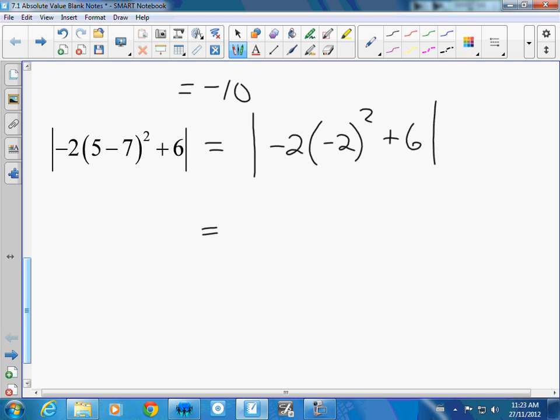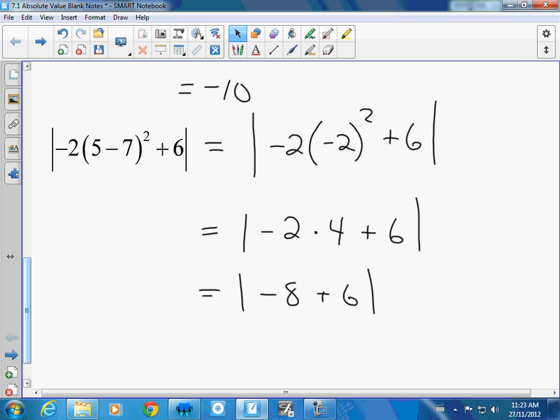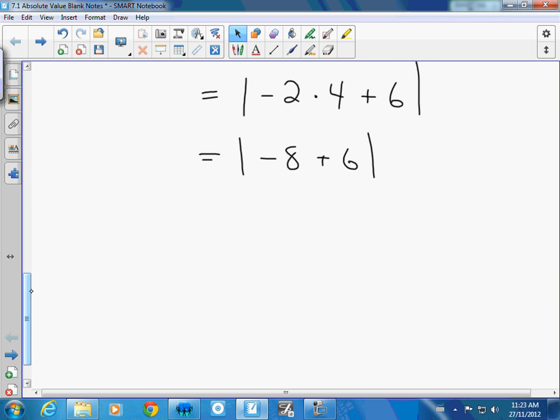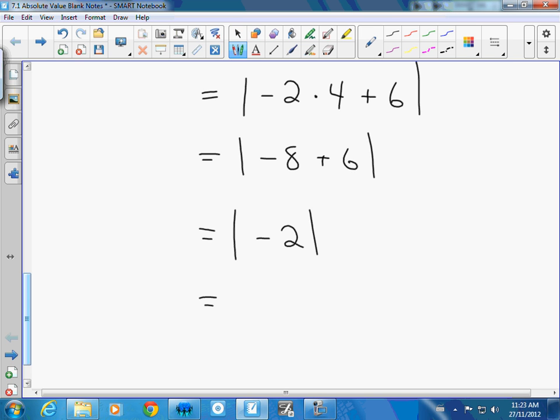So we end up with negative 2 times positive 4 plus 6. Negative 2 times 4 is negative 8, plus 6. We end up with the absolute value of negative 2, which is positive 2. Does that make sense? Do you remember this stuff? I mean, you learned absolute value a long time ago. Well, now you know.